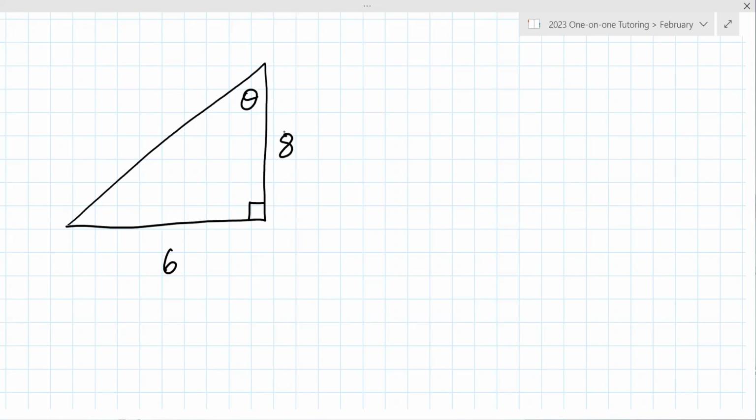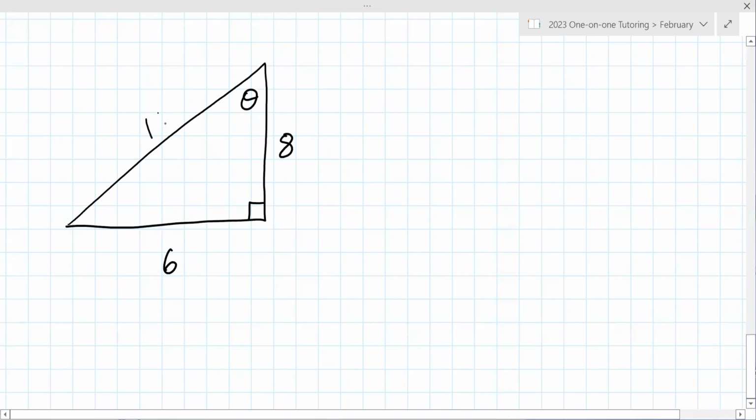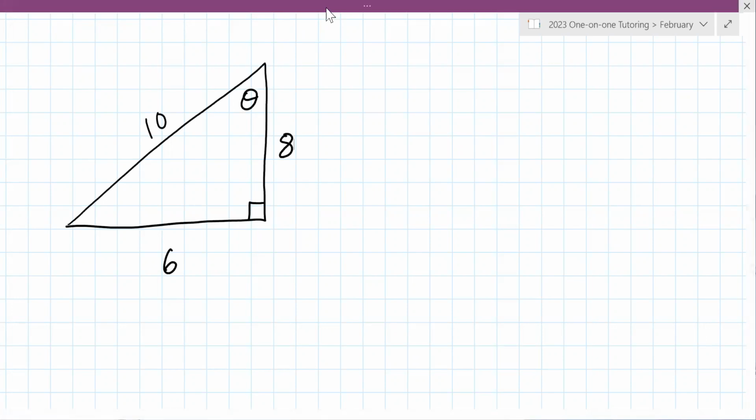The square root is 10. What is the hypotenuse? 10. Good.